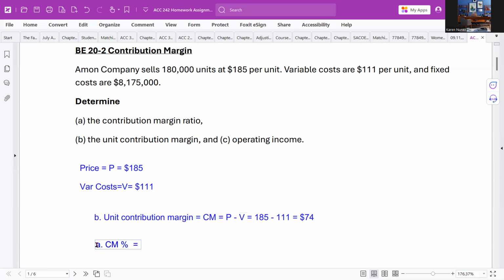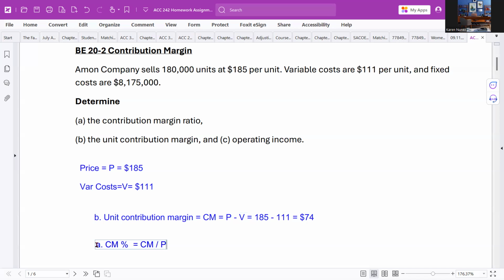And all that is expressing the unit contribution margin as a percent of the price. Or if we had total dollars, we could express total contribution margin as a percent of total sales. But we don't have the total sales or the total contribution margin. So we'll just use what we have, which are the unit costs, right?